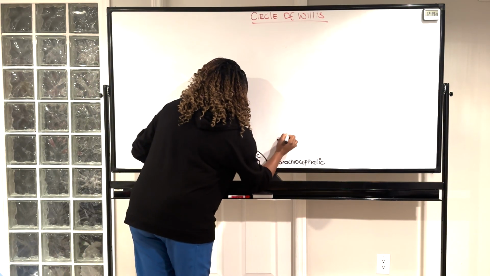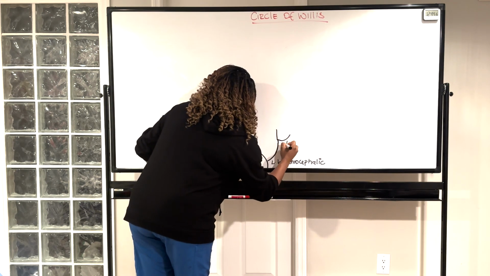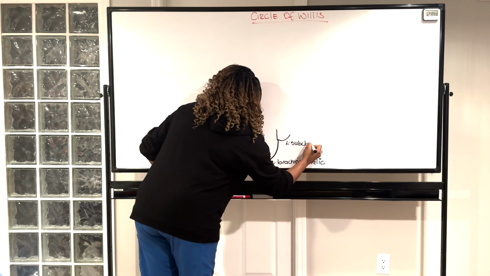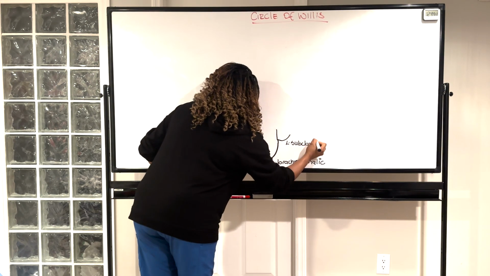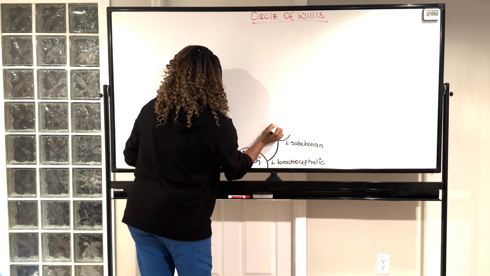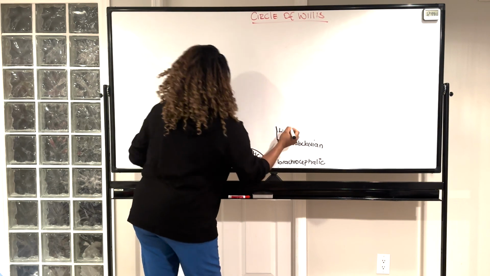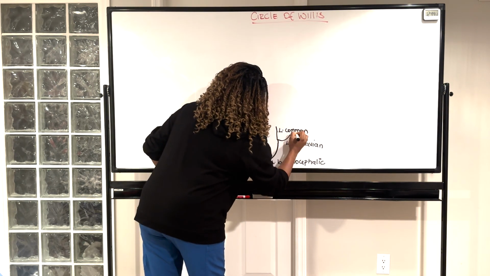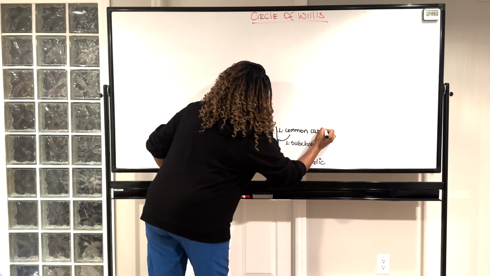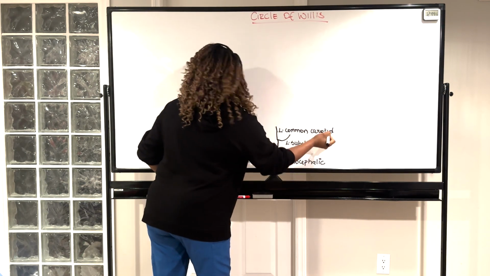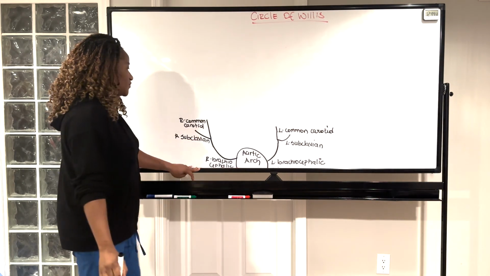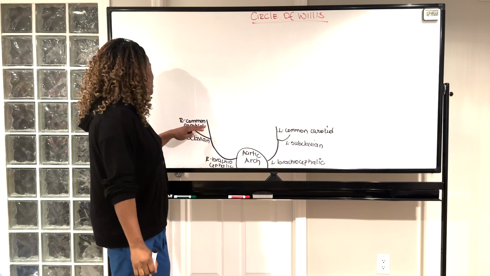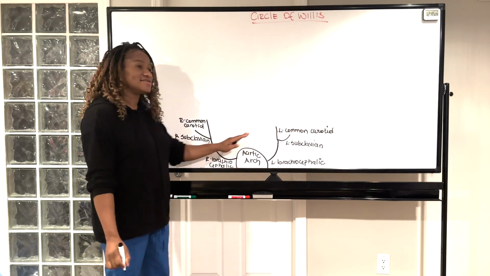We're gonna have the left subclavian, and here we're gonna have the left common carotid. So we're gonna come back to the subclavian. So let's look at what these common carotid arteries are gonna give.